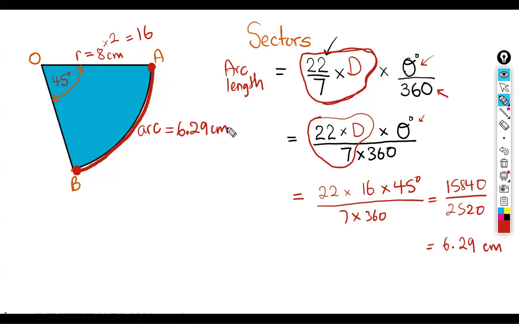Quick question. Is that 6.29 also the perimeter of the shape? Could that also be considered to be the perimeter? The answer is no. But could you all find the perimeter for me now, just in case the examiner asks you to do that?